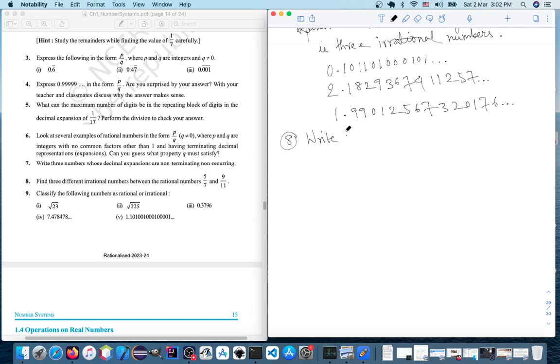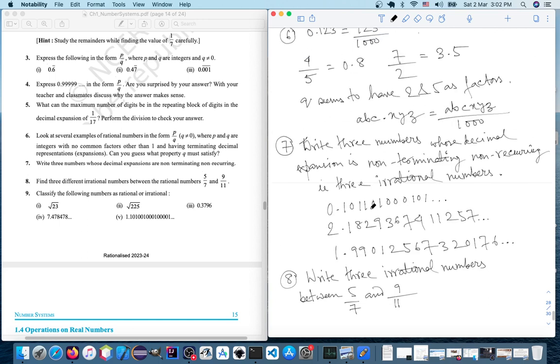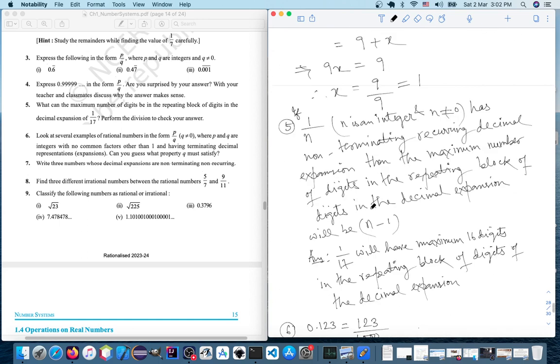Write 3 irrational numbers between 5 by 7 and 9 by 11. I think we have already computed the decimal expansion of 5 by 7 and 9 by 11 before.